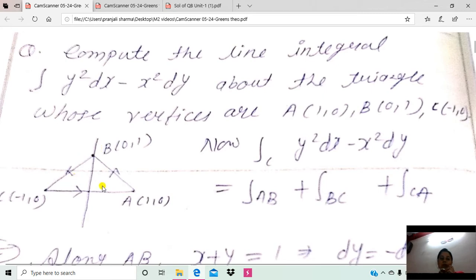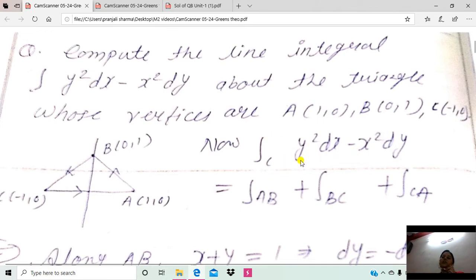So along the three lines, A to B, B to C, and C to A, we have to evaluate our line integration, since the curve is a triangle which has three sides. So along each side we have to integrate, and then we have to add them to get the line integral.